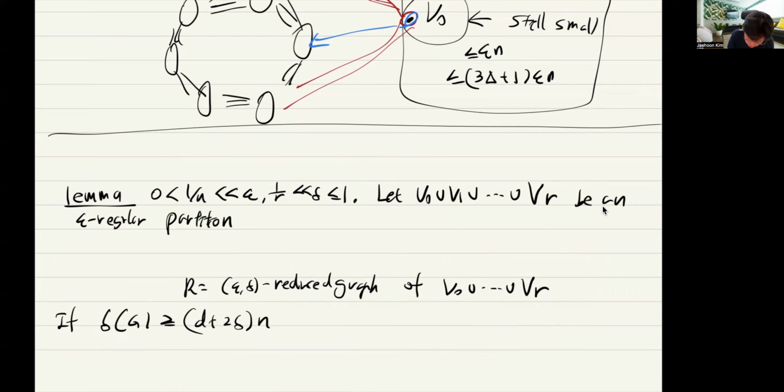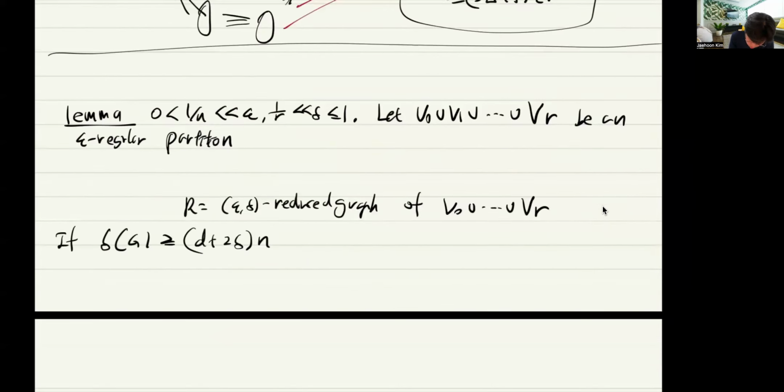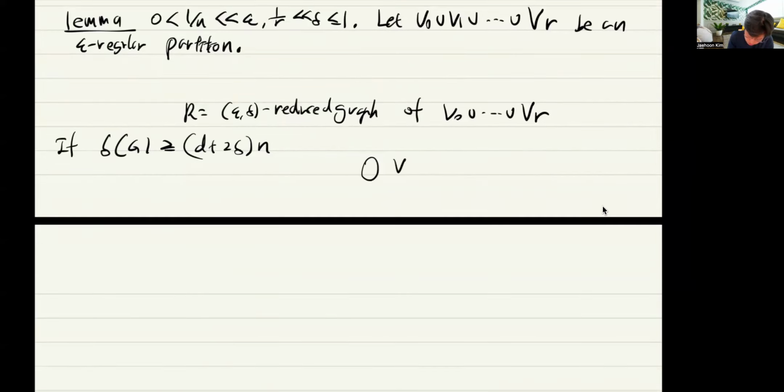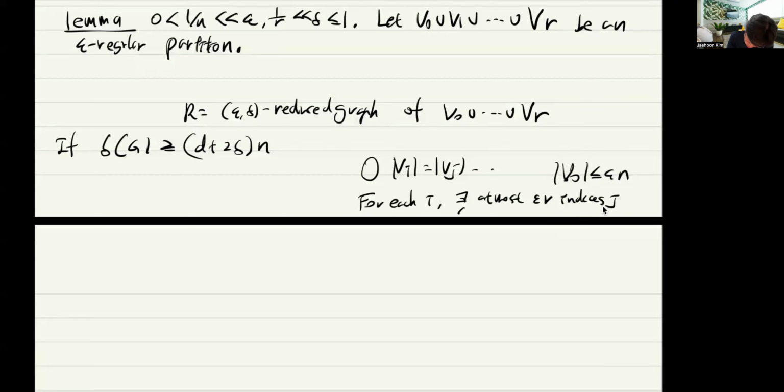So what was the epsilon regular partition? The one that we obtained from the regularity lemma. We know that each Bi has the same size. Then B0 has size at most epsilon n. And for each i, there are at most epsilon r indices j such that G[Bi, Bj] is not epsilon regular.